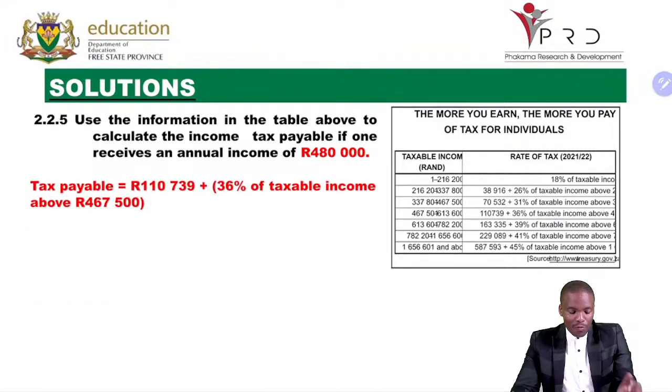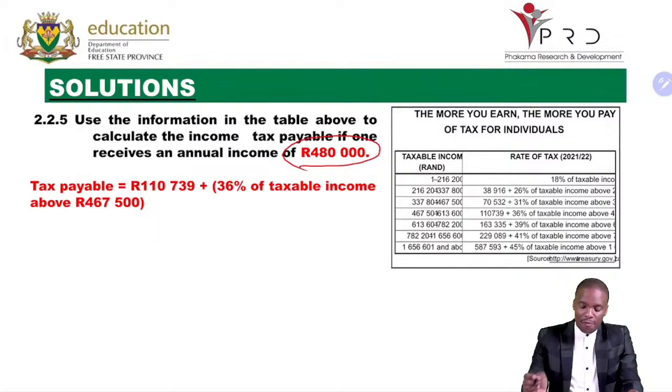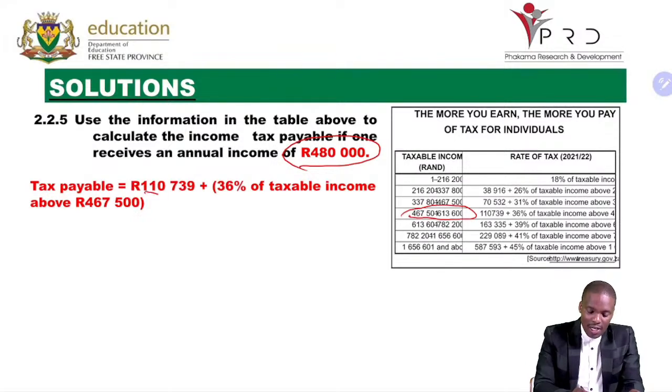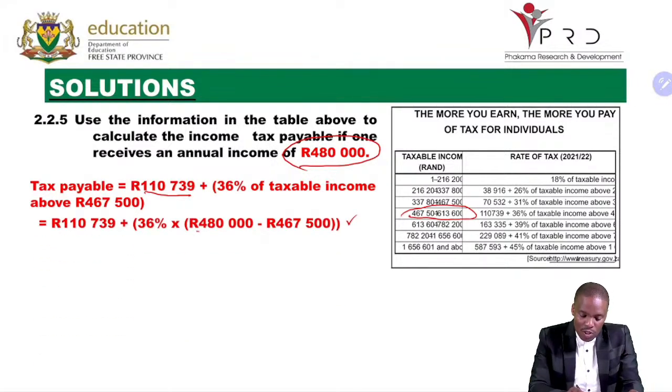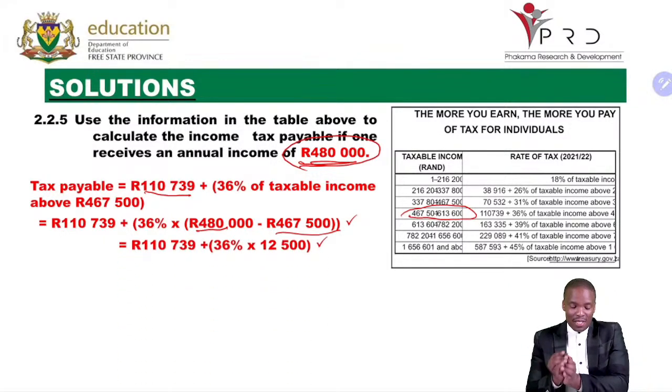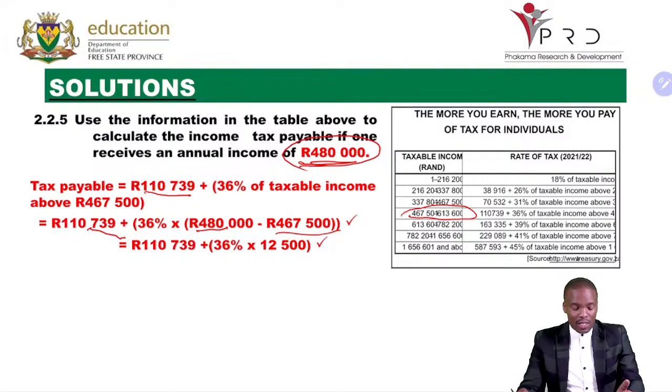The last one, first thing here, you identify the tax bracket of someone who earns 480. So we realize that it's bracket number 4. Then from there, you take the amount of the taxable income, you write the equation as it is, then you substitute the amount there, which is 480 minus the one that is in the bracket. Then you solve everything that is in the bracket. Look at the drop in this 110,739.